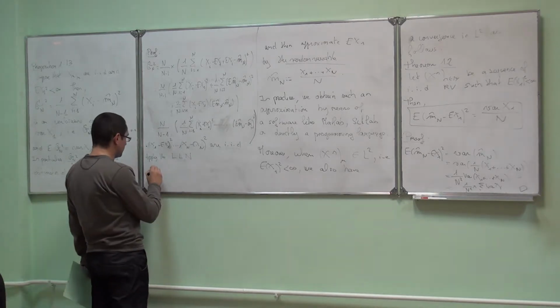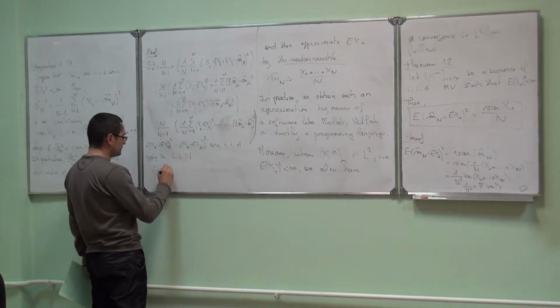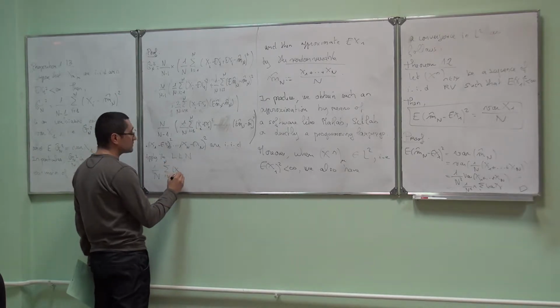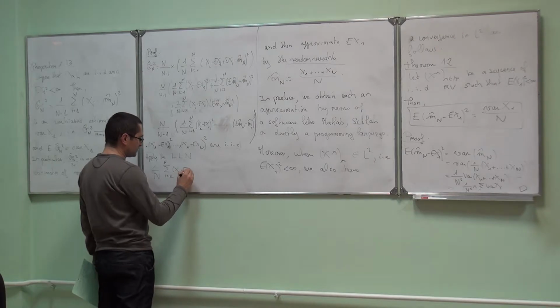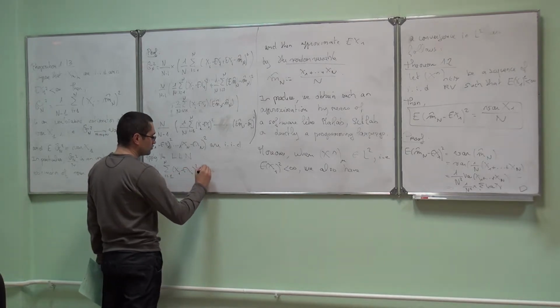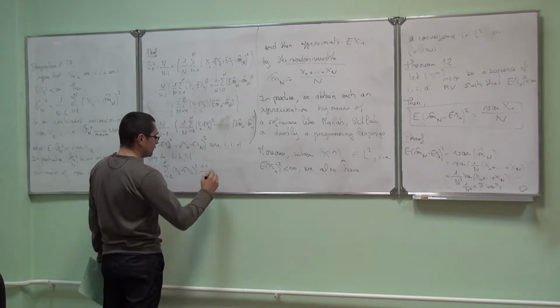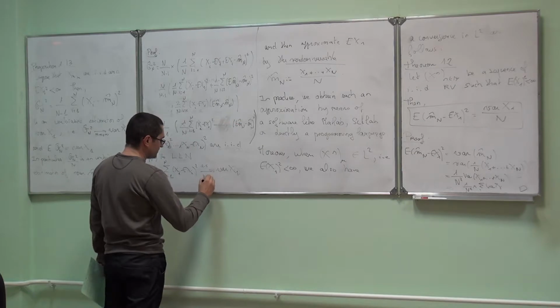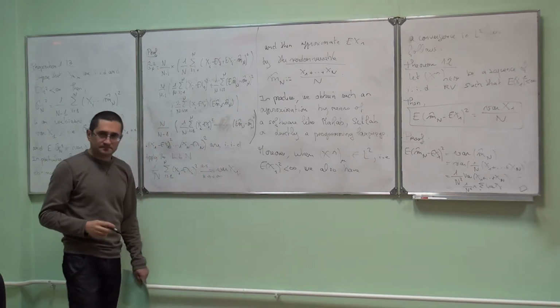So 1 over capital N sum for i equals 1 to capital N of xi minus the expectation of xi square tends almost surely to variance of x1 as n tends to infinity.